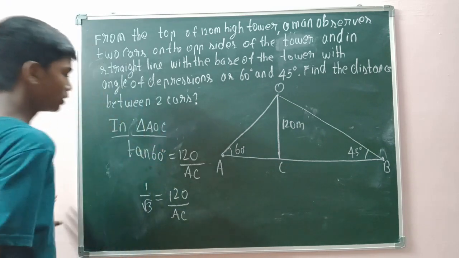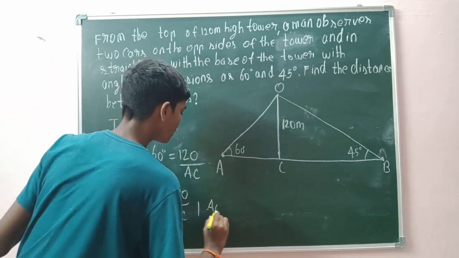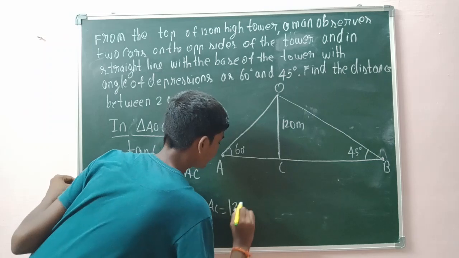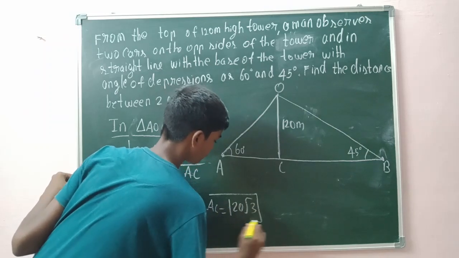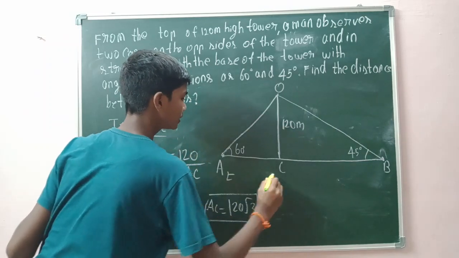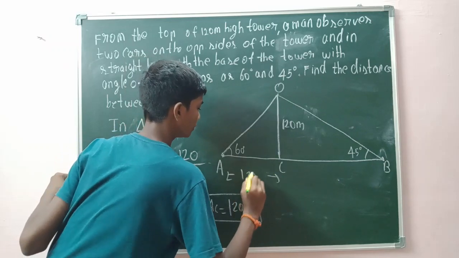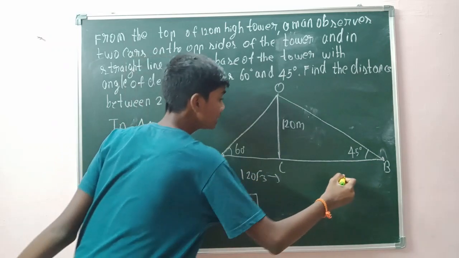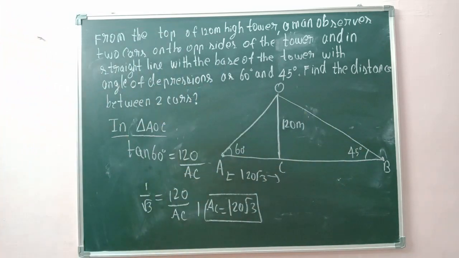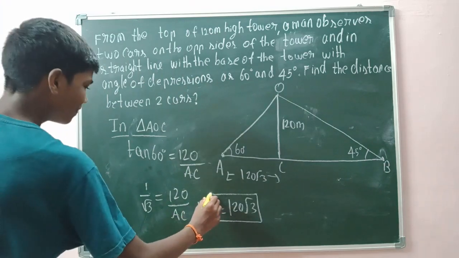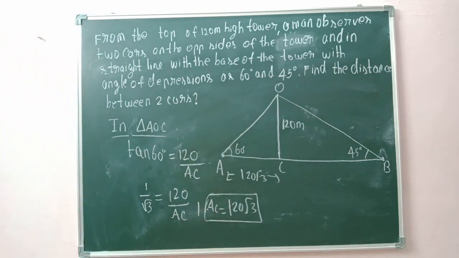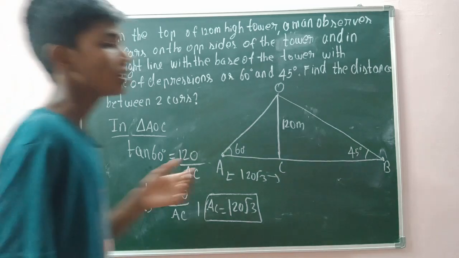Therefore AC will be equal to 120 root 3. So this distance is found as 120 root 3, and let us find the other distance so that we can add them both. It's a very easy one, everybody can solve this, so I'm going very fast because you have the knowledge.